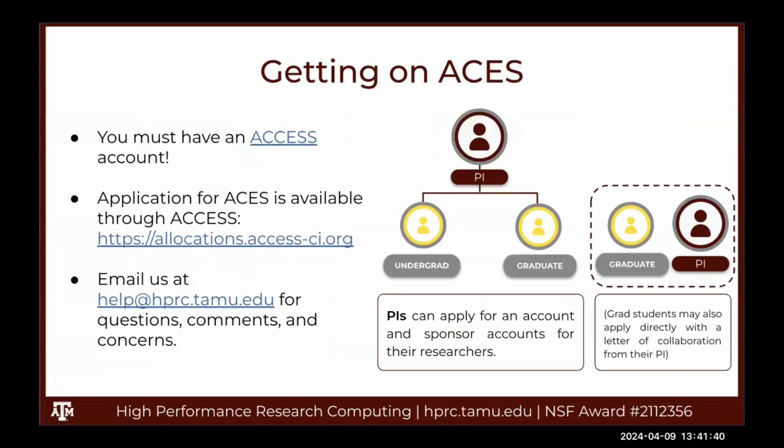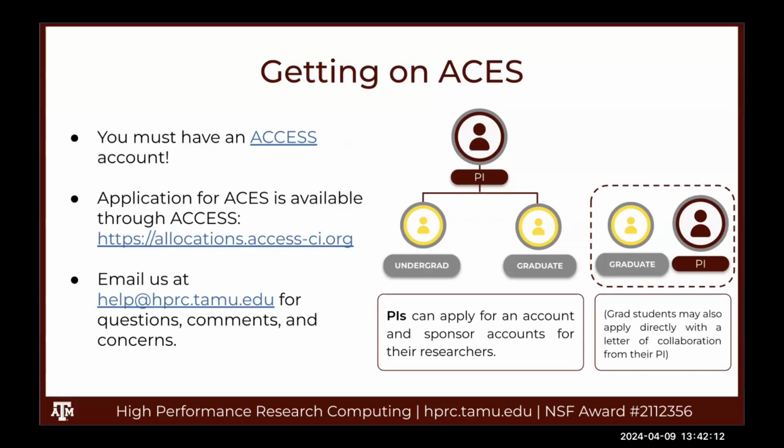So getting access to ACES, you need to have an ACES account. ACES is a new version of XSEDE, which was many years ago called the TeraGrid. It's a networked computing resource providing free computing resources for researchers mostly in the US.